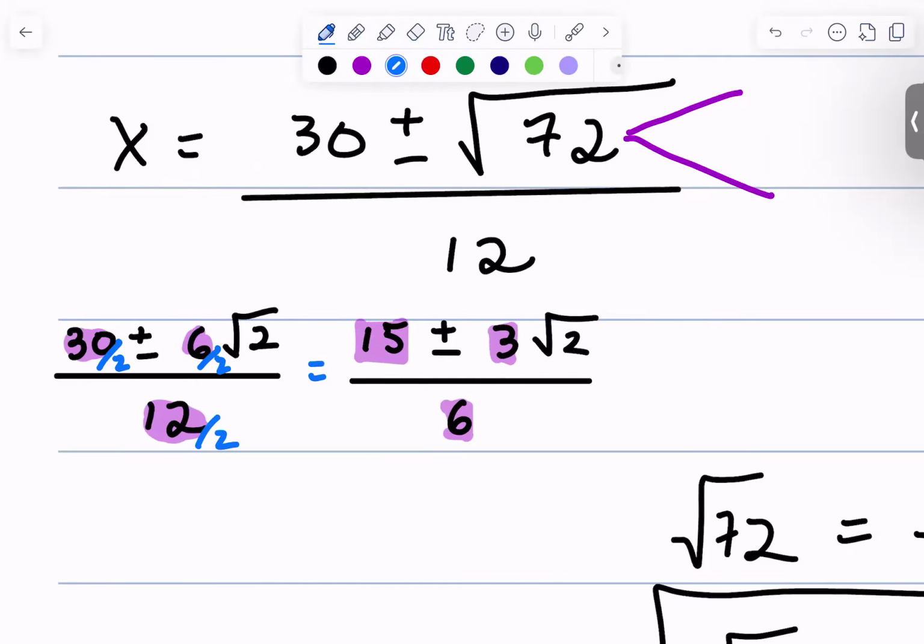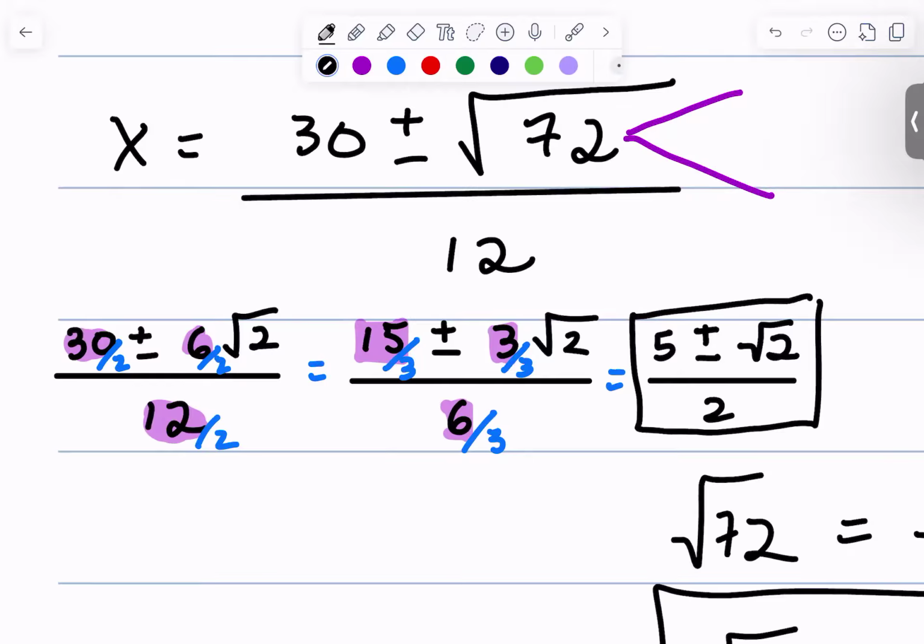So if we divide everything by 3, we're going to get 5 plus or minus 1 square root of 2. So I don't need that 1 anymore. Over 2. That is the simplification. Okay? That makes sense? Or you could have just, from the first step, the 30, the 6, and the 12, you could have divided the whole thing by 6.